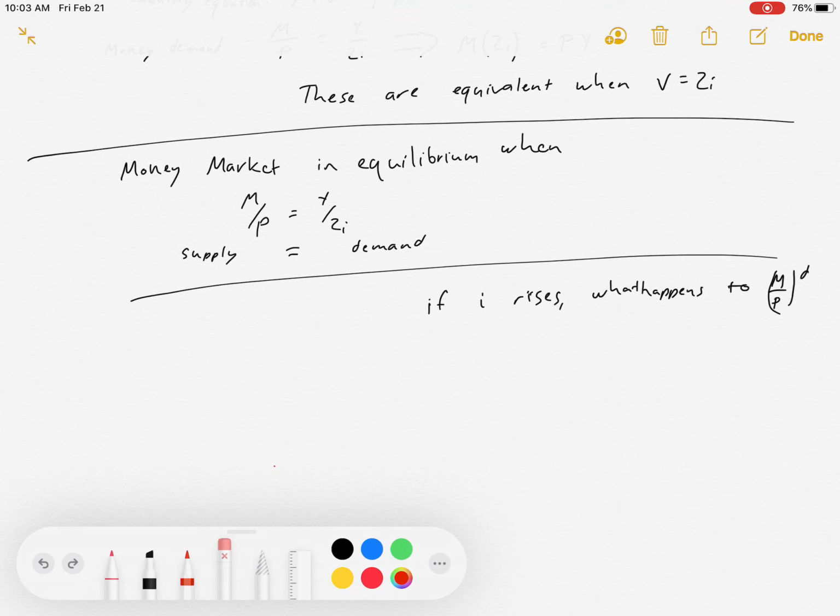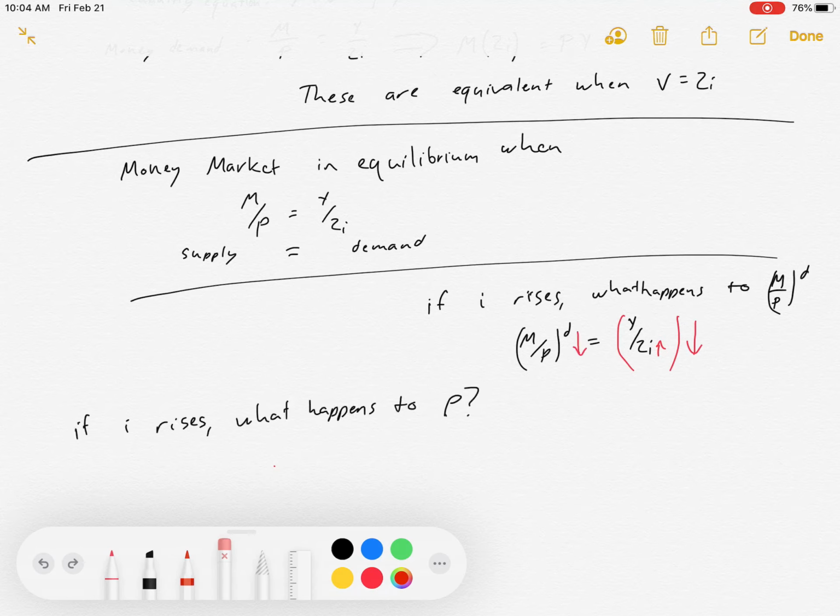Now, as a side note, let's explore our demand curve a little bit more before we go into any of that. If the interest rate rises, what happens to money demand? Well, let's see. There's your money demand function. If the interest rate rises, then that fraction gets smaller, which means your money demand will fall.